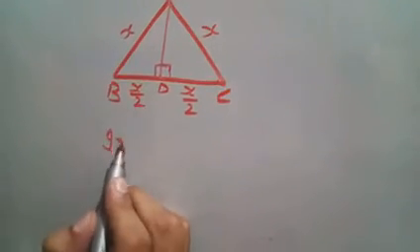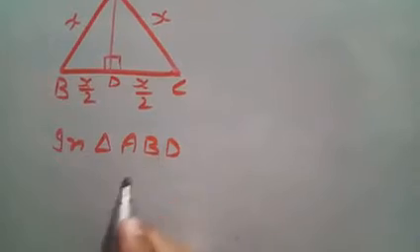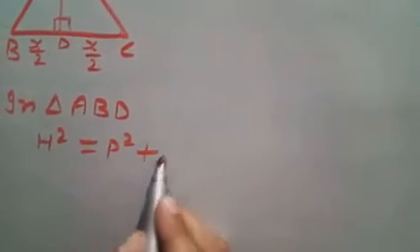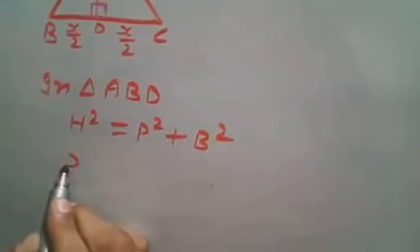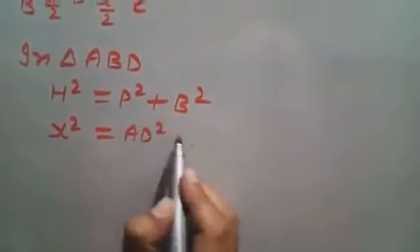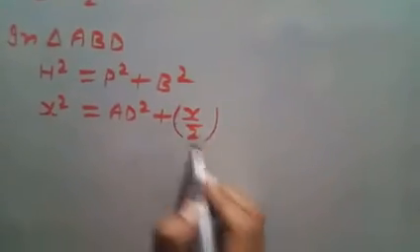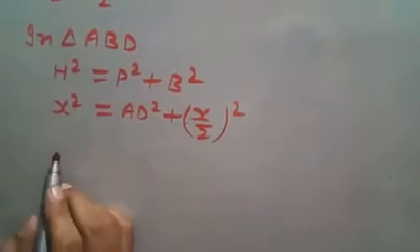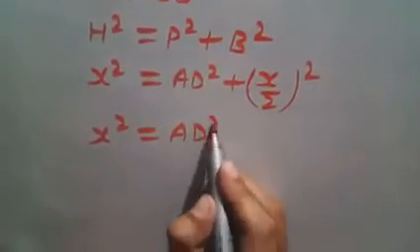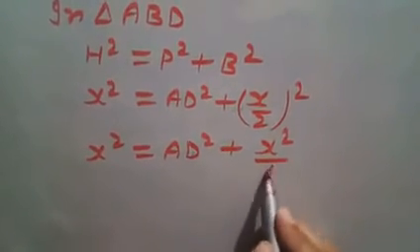Now in triangle ABD, by the Pythagorean theorem, h square is equal to p square plus b square. So x square is equal to AD square plus x by 2 whole square. So x square is equal to AD square plus x square by 4.